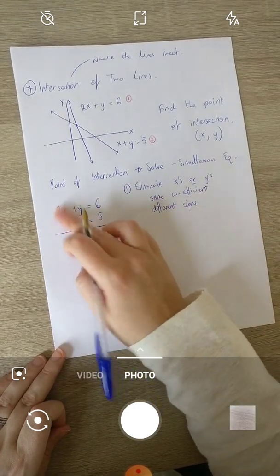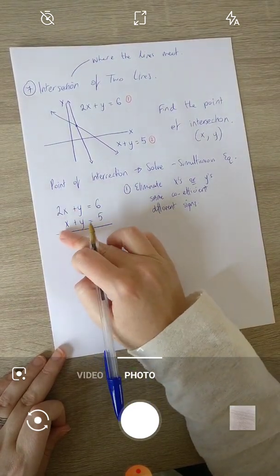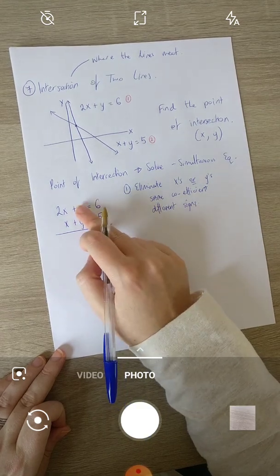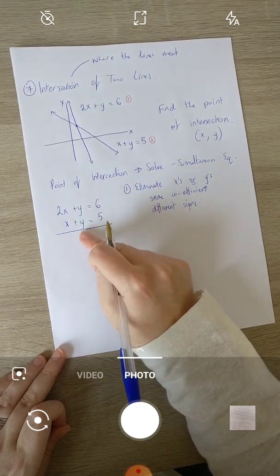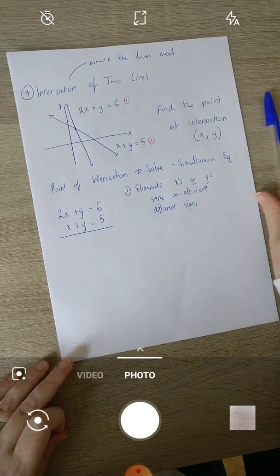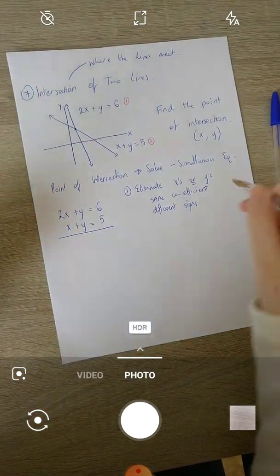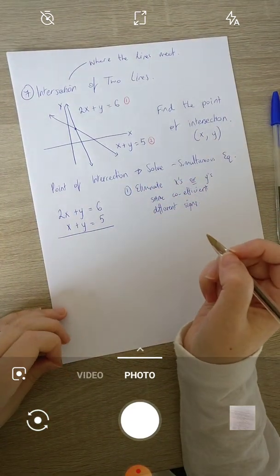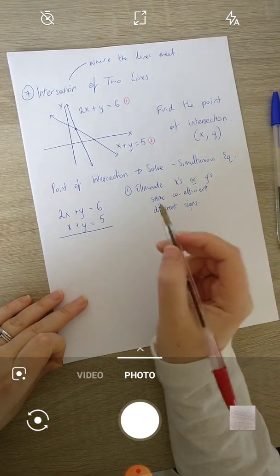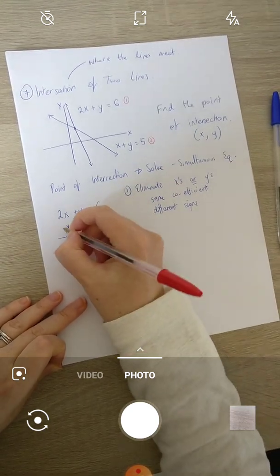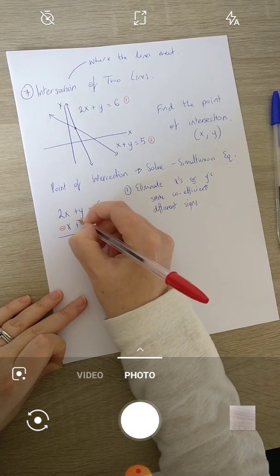For this to be eliminated, it would have to be 2x minus 2x, which is 0. This one, y minus y. So the y's are probably the better ones to work with here because they both have the same coefficient of 1. So for us to eliminate, the only problem with the y's is we don't have different signs.